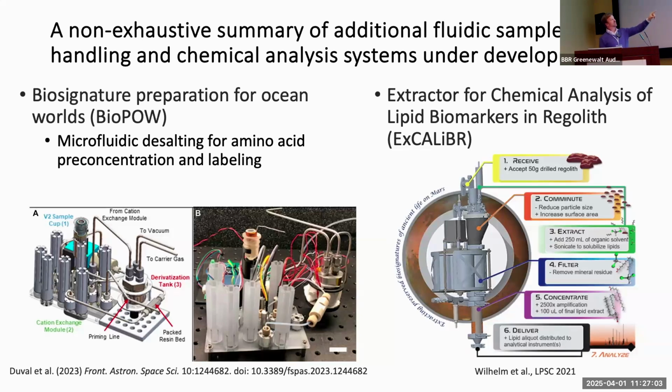You've got the Excalibur, which is designed to take a bit larger amount of sample, grind it up, do an organic solvent-based extraction, pre-concentrate, and then hand off for lipid analysis.